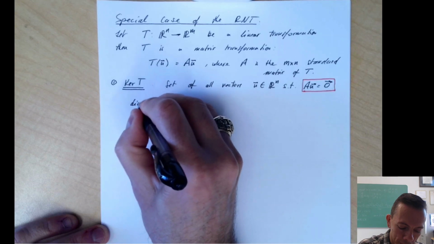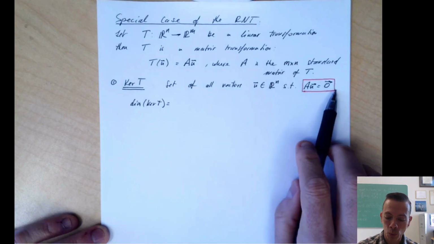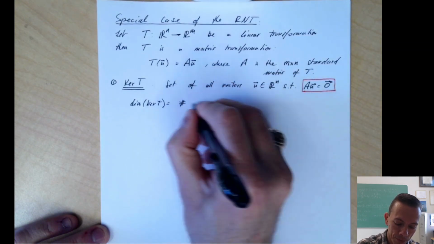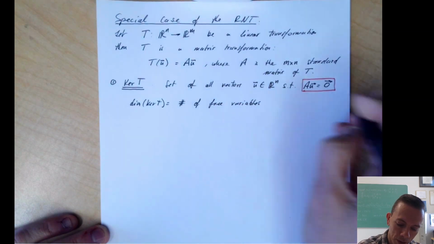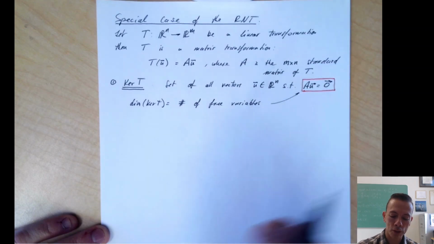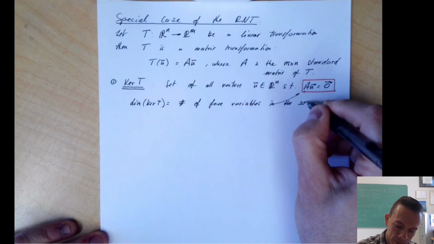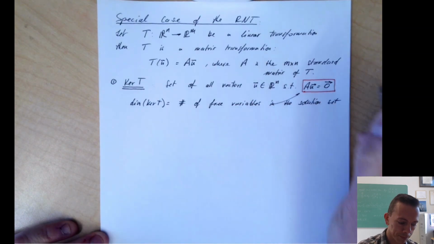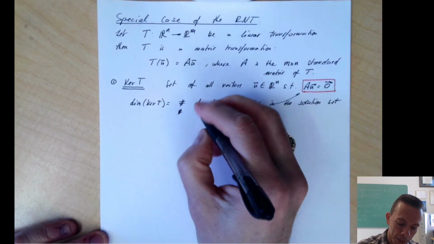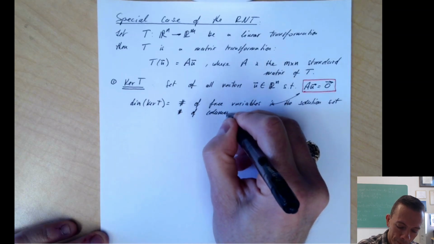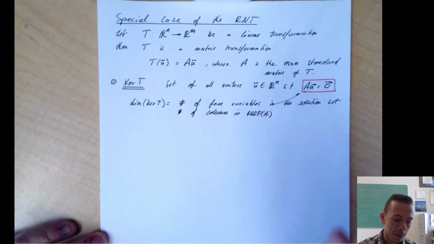Therefore, the dimension of the kernel is the number of free variables that you obtain when you solve this homogeneous system, which, if you solve this using Gaussian elimination, ends up being the number of columns in the row reduced echelon form of A that do not have a leading one.